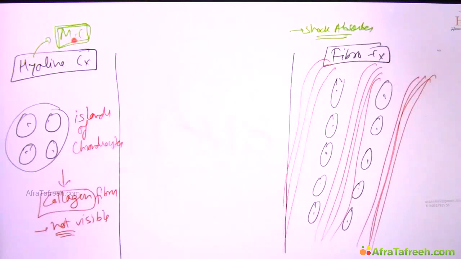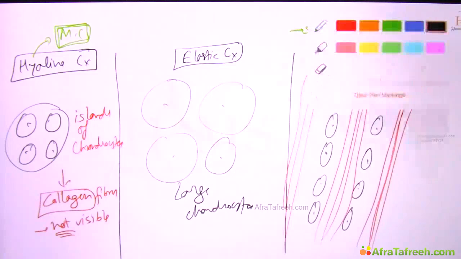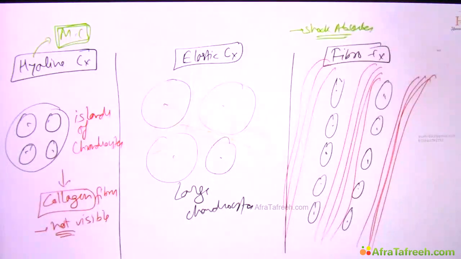How do you differentiate it from the elastic cartilage? If you want to discuss elastic cartilage, first of all, large chondrocytes. What else? You have some elastic fibers. How will I identify elastic fibers?